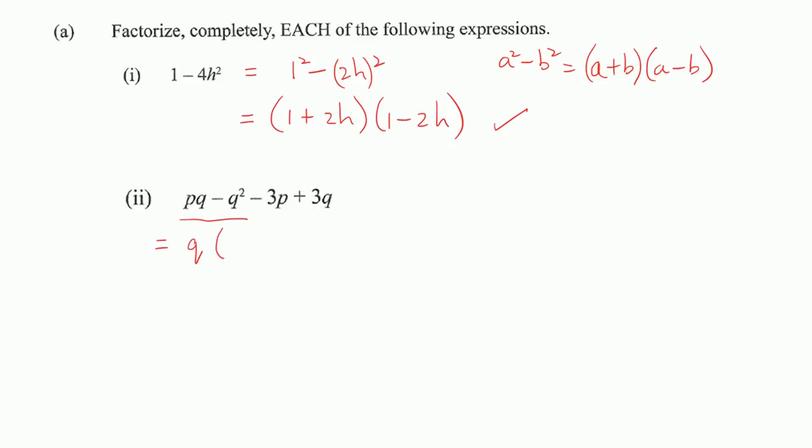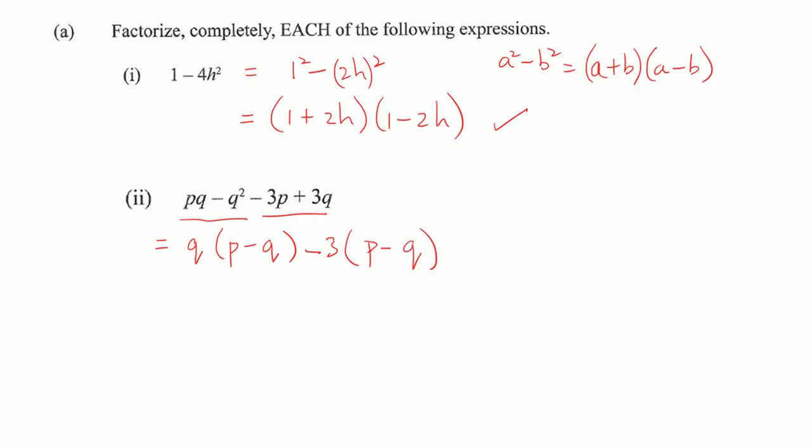So I can write that as q, open brackets, p minus q. Then I have minus 3p plus 3q. What is common to minus 3p and 3q? What we have common here is 3. So we can write this as minus 3 open brackets, and this will be p minus q.